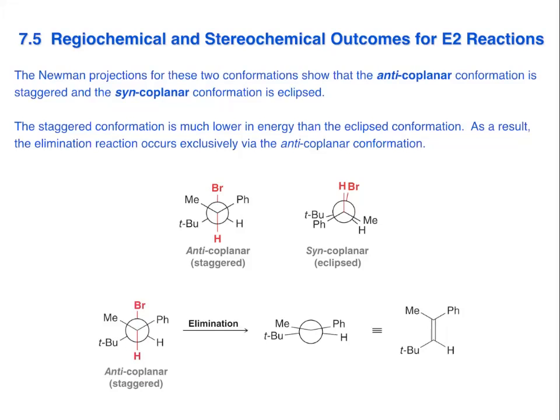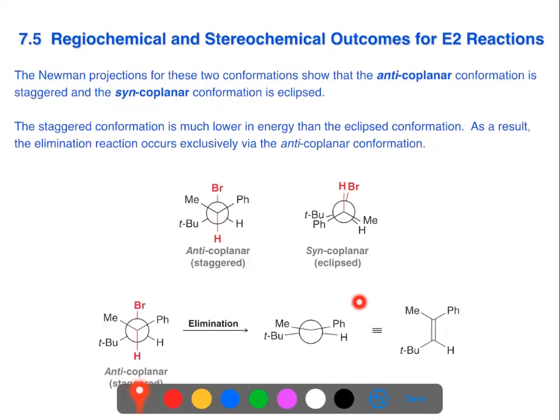You can see that the anti-coplanar will lead to this particular product, which places the phenyl and the hydrogen on the same side of that newly formed double bond, and the methyl and the t-butyl group on the same side of that double bond. And so that will lead to this one stereoisomer. As a result, we refer to this as a stereospecific reaction.